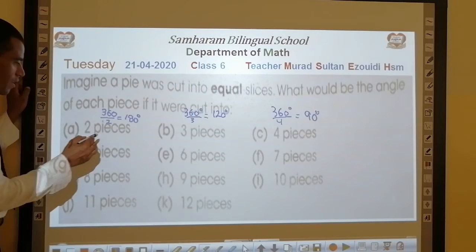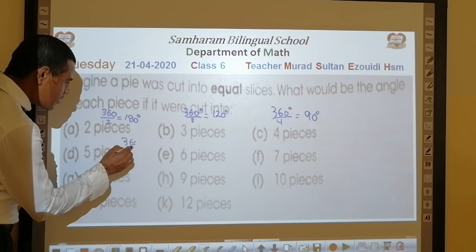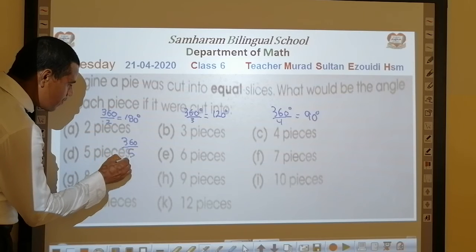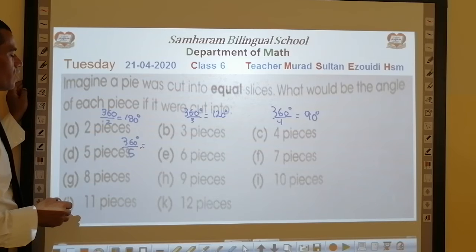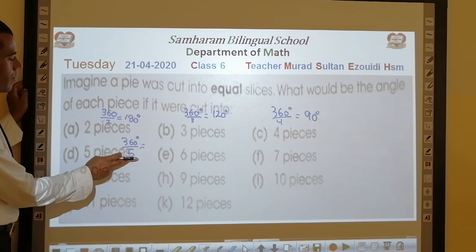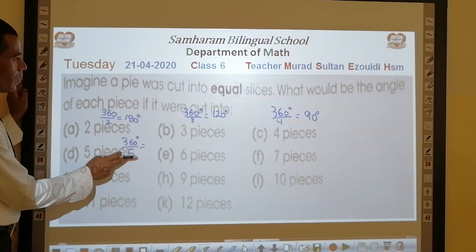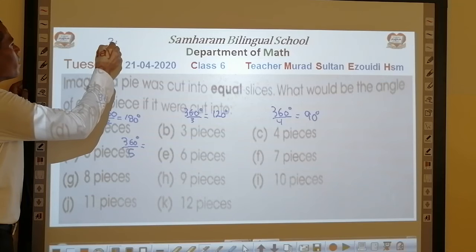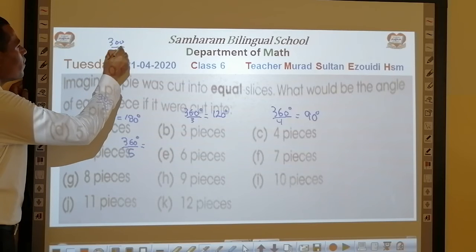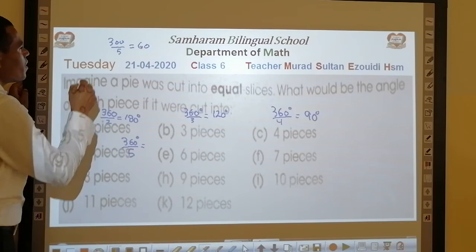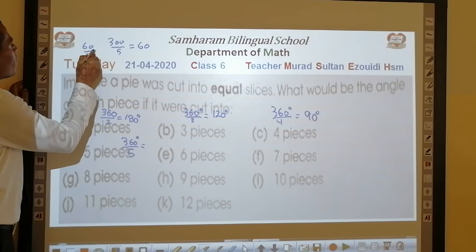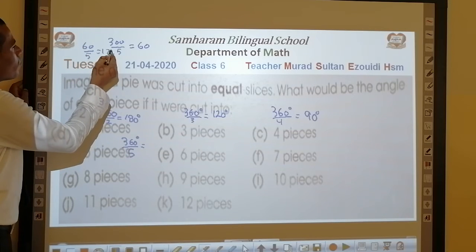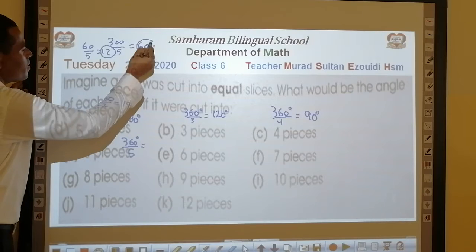Then 5 pieces means 360 degree divided by 5. Okay, 300 divided by 5 is 60. Then we have 60 divided by 5 is 12. So 12 plus 60 is 72.